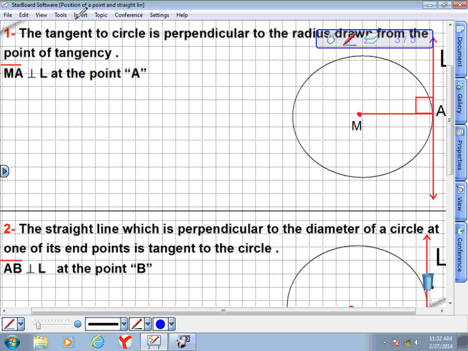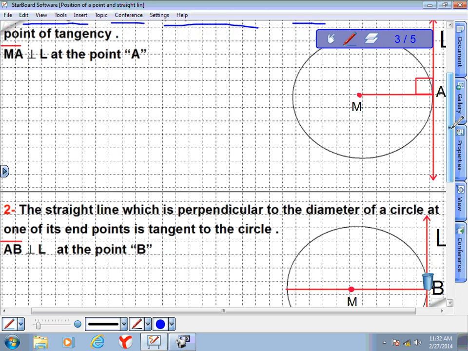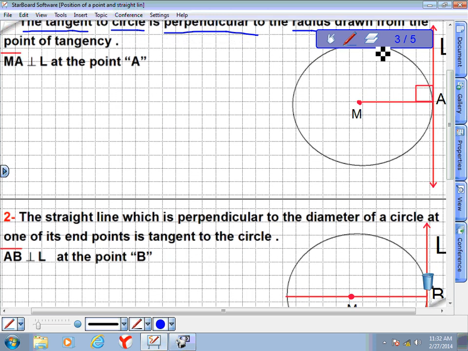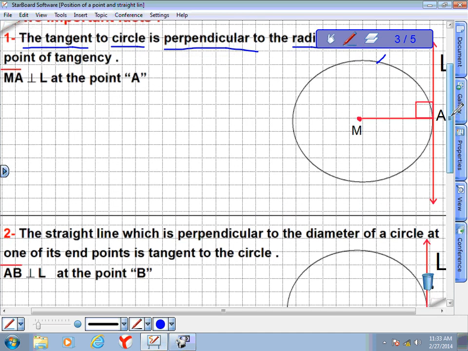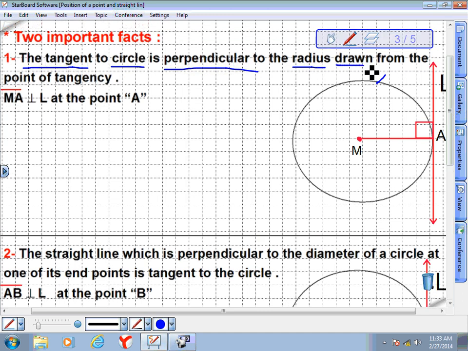The first is that the tangent to a circle is perpendicular to the radius drawn from the point of tangency.